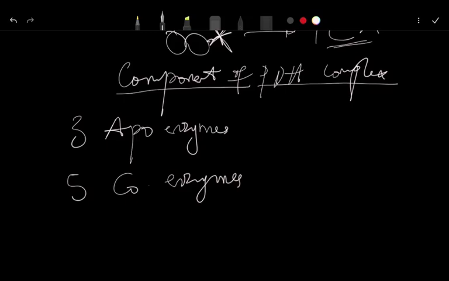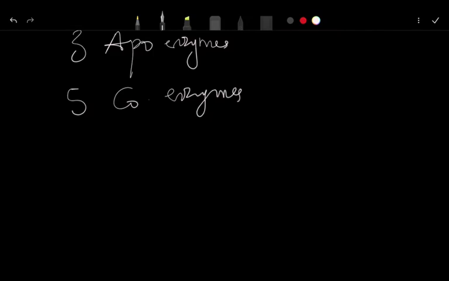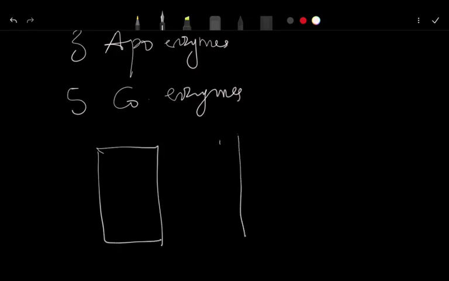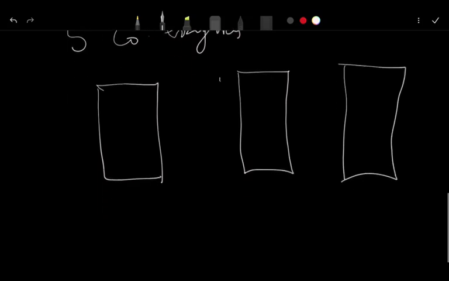So let's list them now. First I will give you the 3 apoenzymes. Let me write it in a cartoon format. Imagine this one is one of the apoenzymes, this next one is another apoenzyme, and this last one is another apoenzyme. Are you there with me? These apoenzymes are responsible for converting pyruvate to acetyl-CoA.